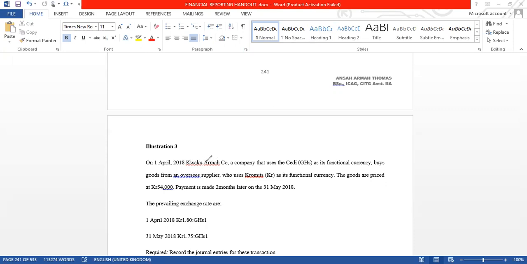In April 2018, Kweku Ama Company, a company that uses cedis as its functional currency, buys goods from an overseas supplier who uses comets as its functional currency. The goods are priced at this and payment is made in 2 months' time, later in May.